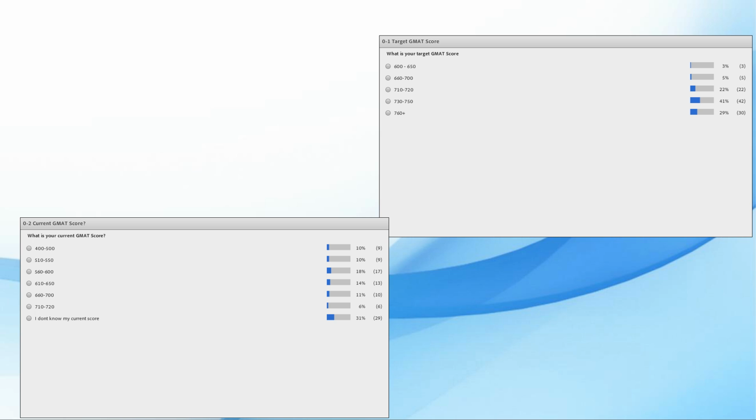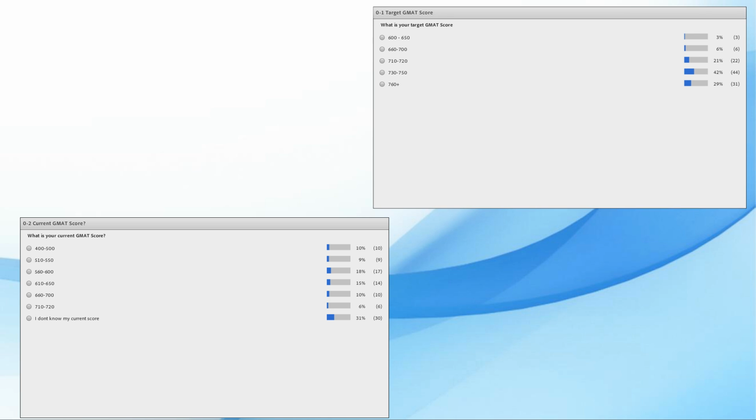With regards to the target GMAT score, I wouldn't say a majority, but about 41% are in that 730 to 750 bracket. We also have a significant number of you in the 760 or higher bracket, and a slightly lower number in the 710, 720 bracket. 10% of you are in the 600 to 700 bracket, and 90% of you are 710 or higher.